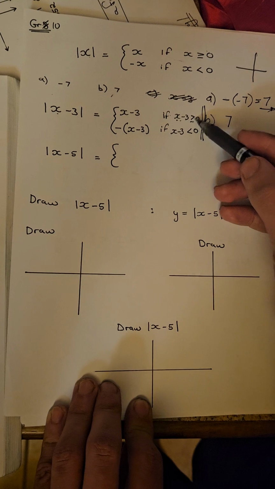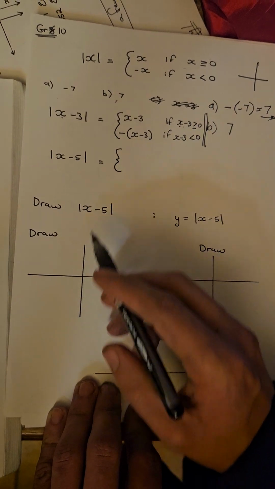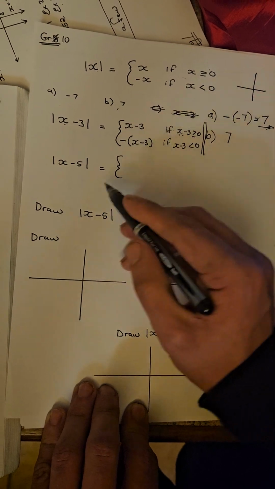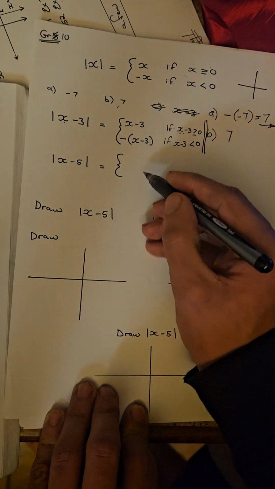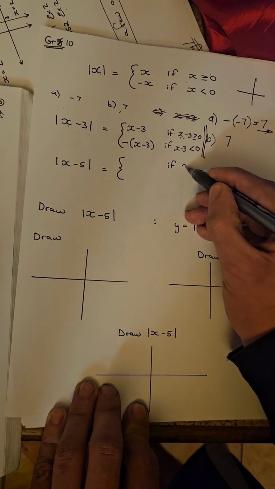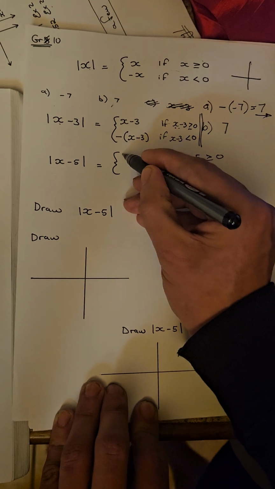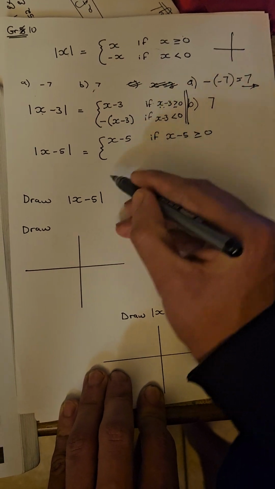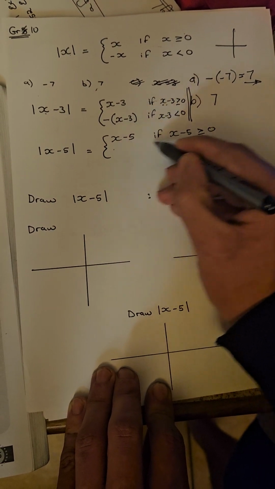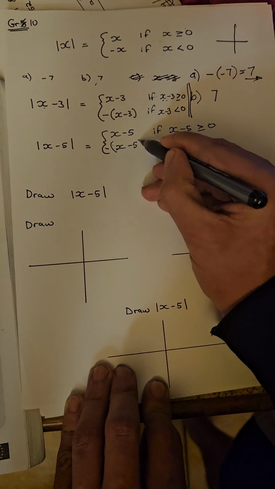This would be how I apply the definition. So we would also have to go and look at this and solve our inequality further. I won't for the top one, let's do it for the bottom one instead, and say, okay, x minus 5. So firstly, if x minus 5 is greater or equal to 0, then my answer is just x minus 5. If x minus 5 is smaller than 0, it would be negative of x minus 5.